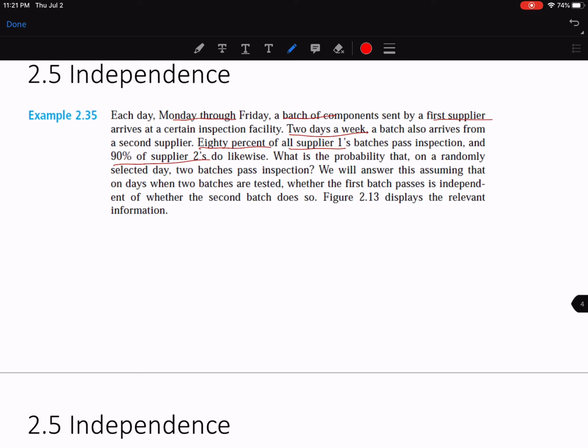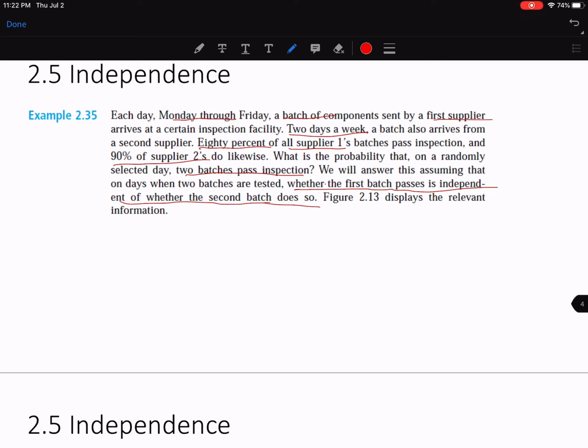Now it's asking what is the probability that on a randomly selected day 2 batches pass inspection. We will answer this assuming that on days when 2 batches are tested, whether the first batch passes is independent of whether the second batch does so.